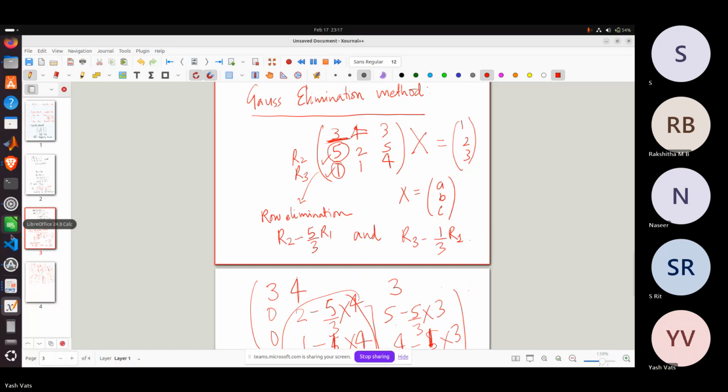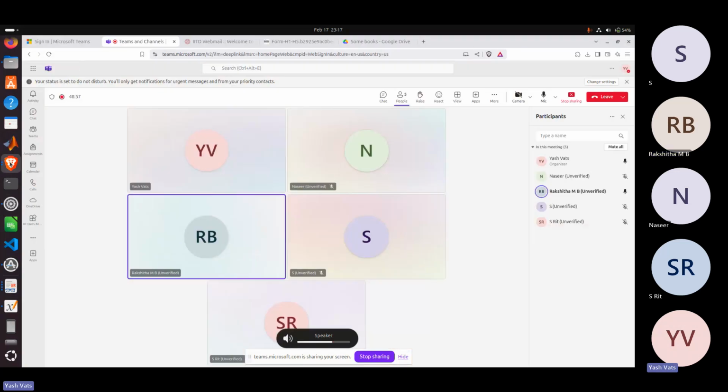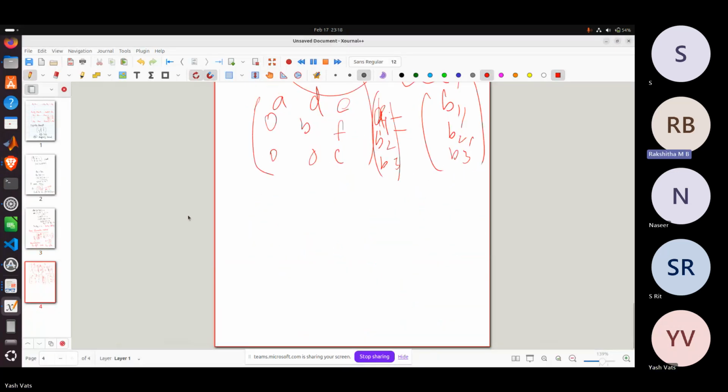Yes, the constant matrix 1, 2, 3 is also under row operation. Ax equals b, right?